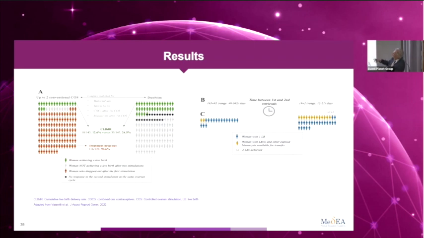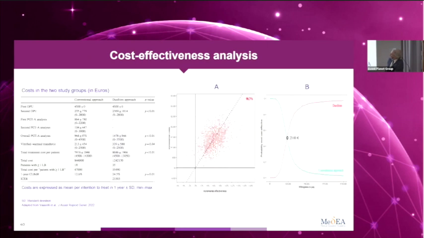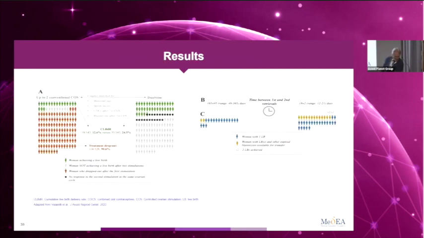And in terms of pregnancy, the live birth rate was significantly increased, if I remember well, 12% against 24%. 24% live birth rate in the DuoStim group and 12% in the conventional.